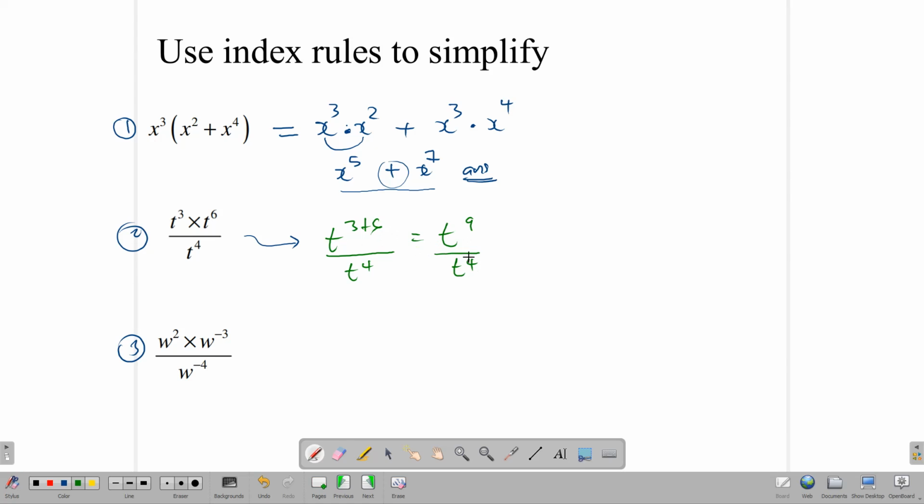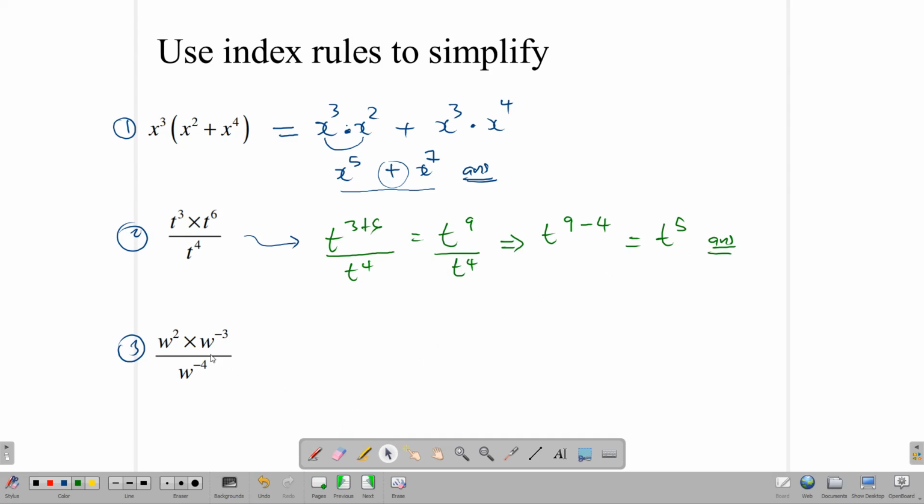And remember, this is division. The division law says when you're dividing similar bases such as this, you simply subtract the powers. So we have t to the ninth minus 4, and 9 minus 4 gives us t to the fifth power. And that is our answer there.